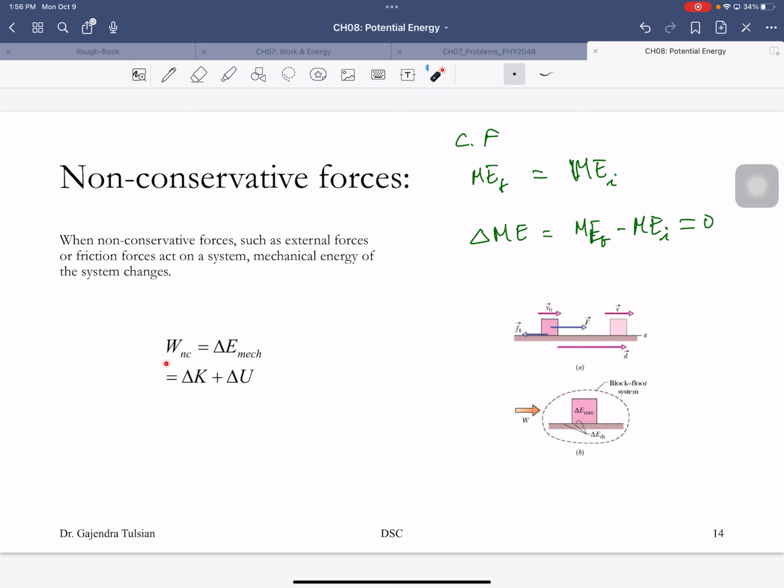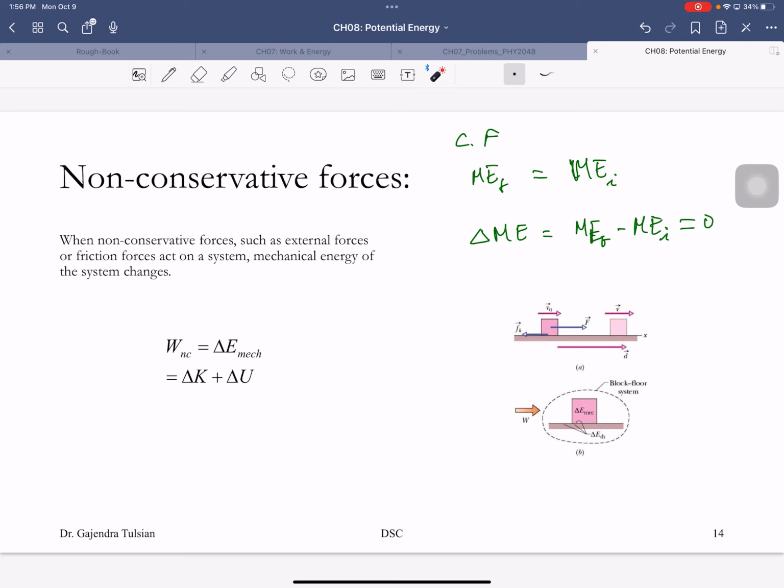So what are non-conservative forces again? Friction, tension, you pushing on it, and so on. Elon Musk's rocket, and so on. Those are all non-conservative forces. So when non-conservative forces act on a system, they change mechanical energy.